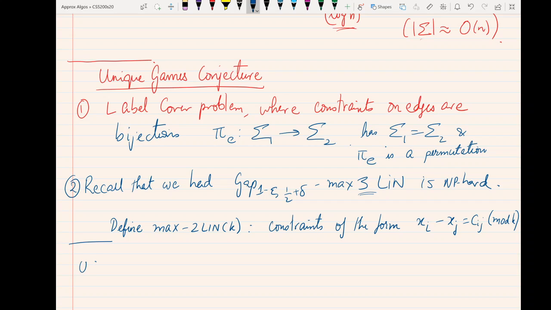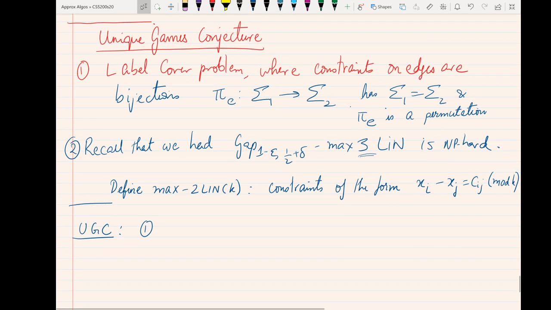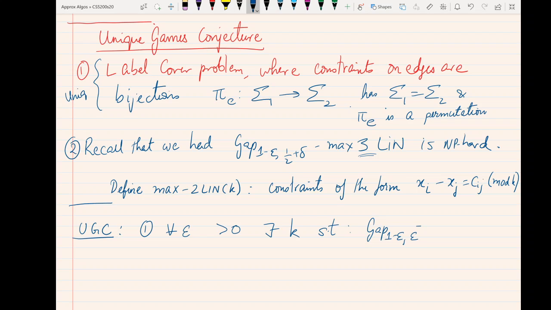Now the unique games conjecture states, in its two forms, that for all epsilon, delta greater than 0, there exists k such that, in fact I'll remove the delta, the gap version with 1 minus epsilon, comma epsilon, let me call this unique game.